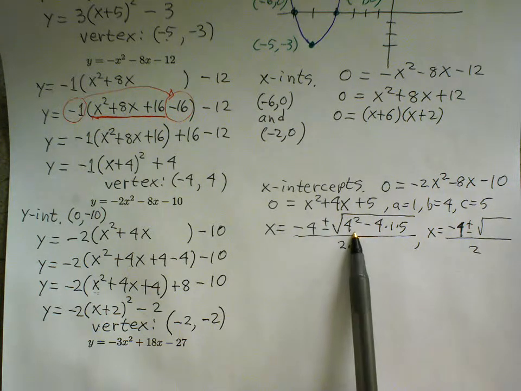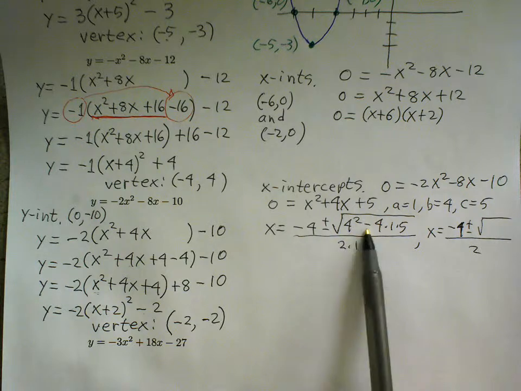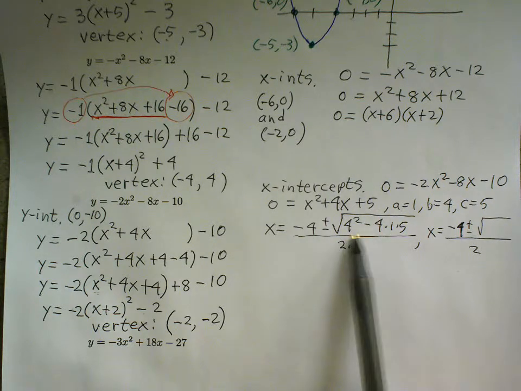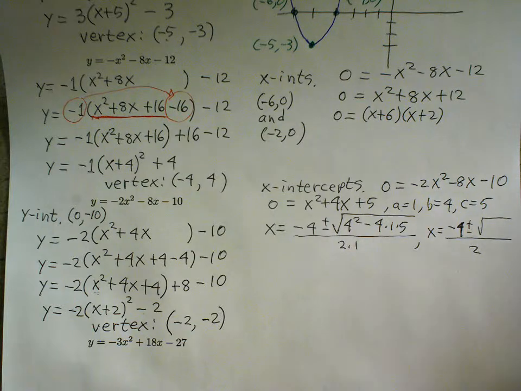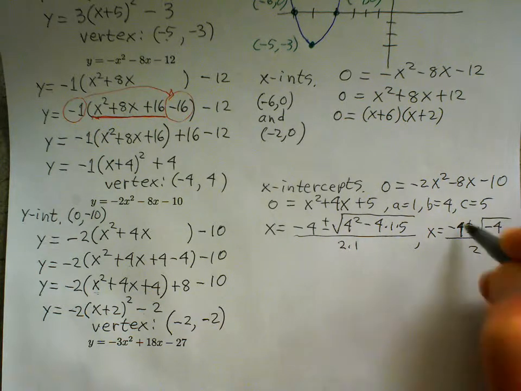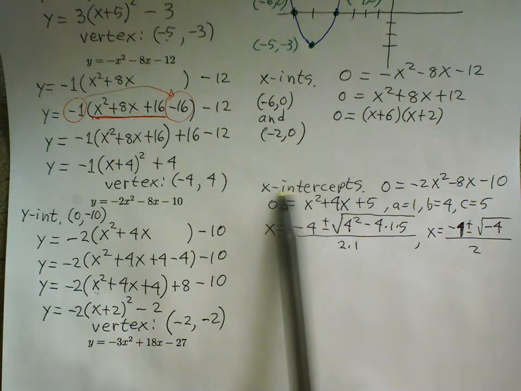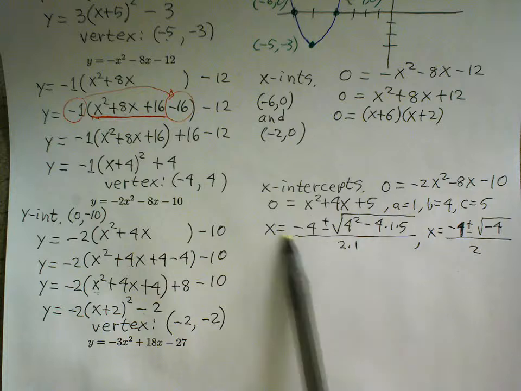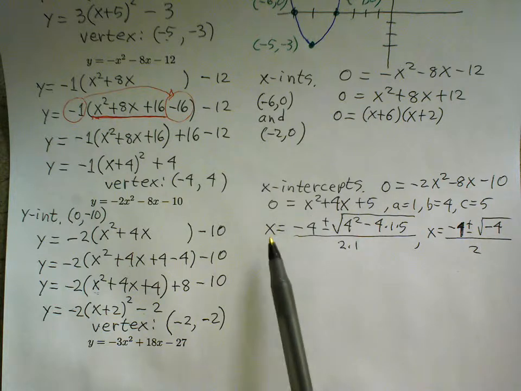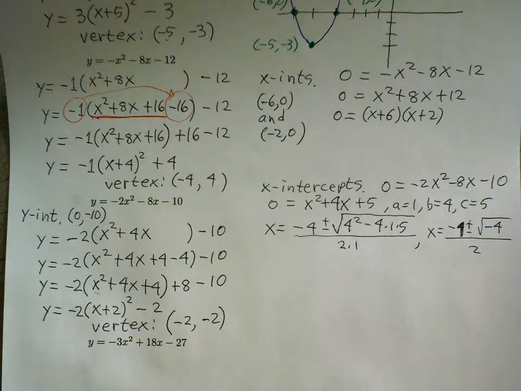Inside the square root, 4 squared is 16, and we're subtracting 4 times 1 times 5. 16 minus 20 is -4. Okay, well, what does that tell us? We were trying to find the x-intercepts, and after replacing y with 0, the two solutions for x are non-real numbers. So what does that mean about the graph of the quadratic function? It means there are no x-intercepts.